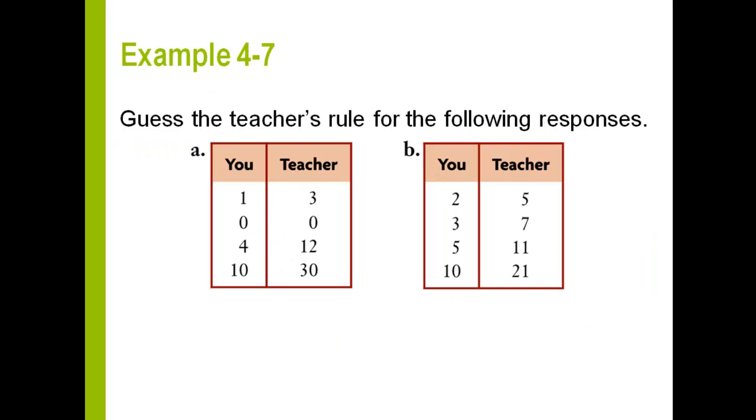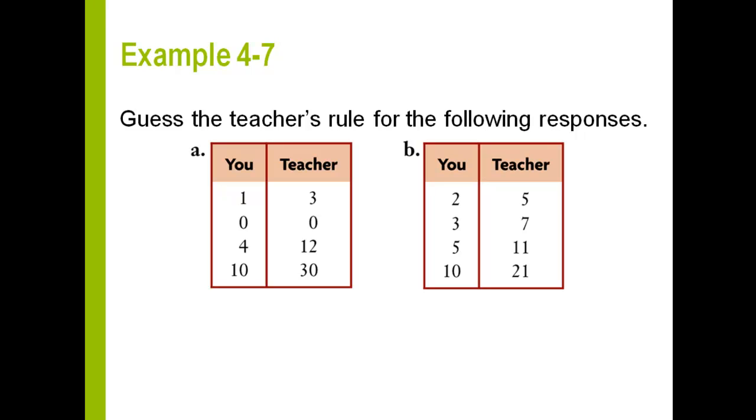In mathematics, we look at this and we say, okay, say that we provide some inputs. We provide numbers 1, 0, 4, and 10. And our teacher says, well, if the input is 1, the answer is 3.